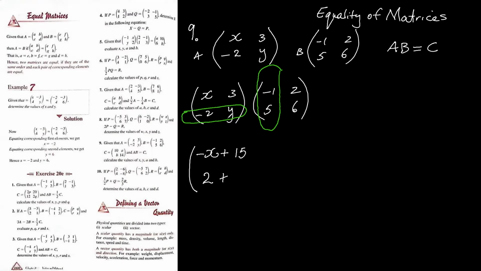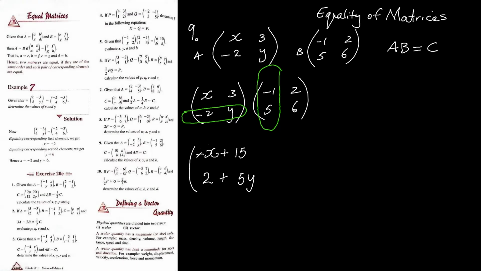Then y times 5. Always put the number first. Now, if you have y5, that's okay, it's correct, but in math we usually try to put the number first.